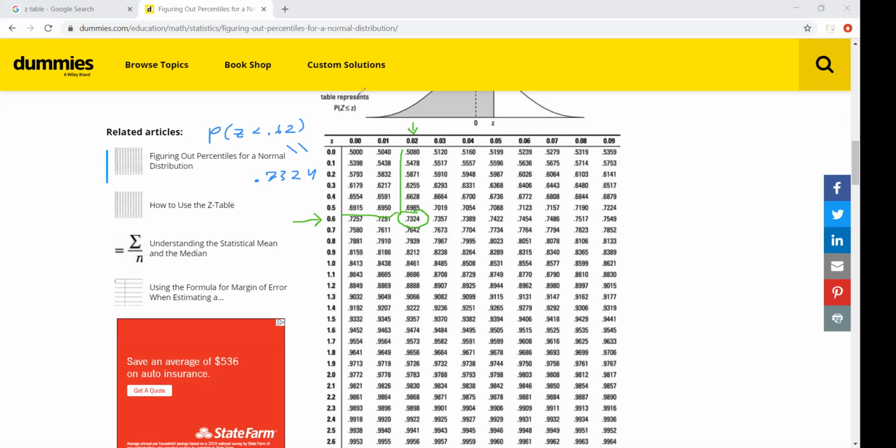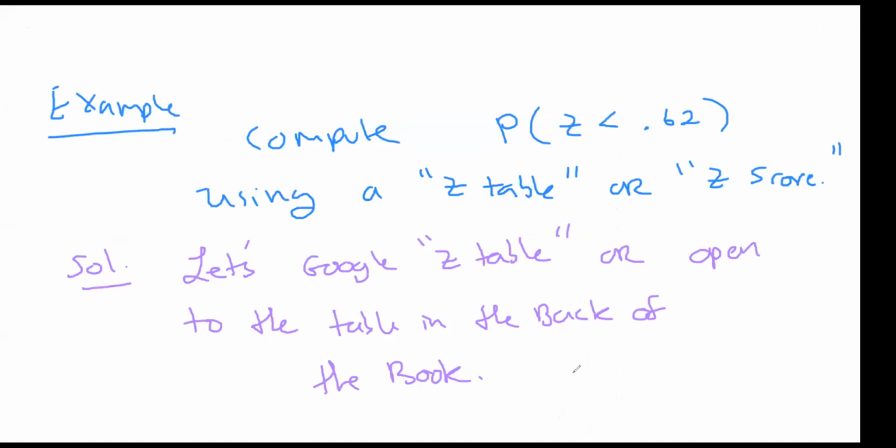So if we go back to our whiteboard, what we found is that the probability that Z was less than 0.62 was equal to 0.7324.